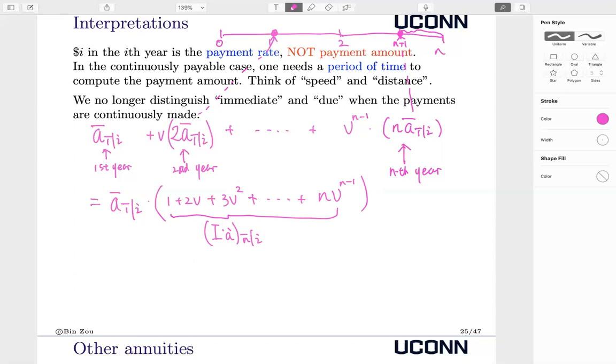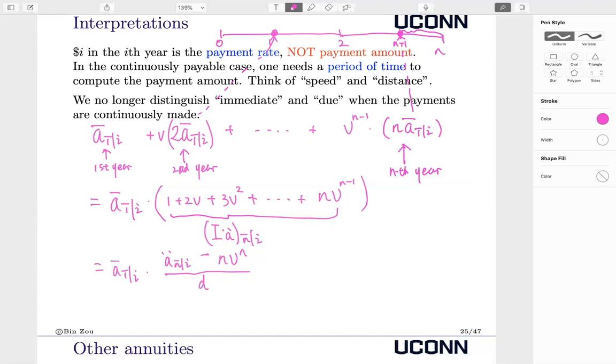There's no need to do any discounting. The second payment is $2, which is paid at the beginning of year 2, that is the end of year 1. So you need to discount by 1 year factor, and so on. This we know: it is the annuity due for n years minus n times v^n, divided by d. Because this is annuity due, we divide by d.